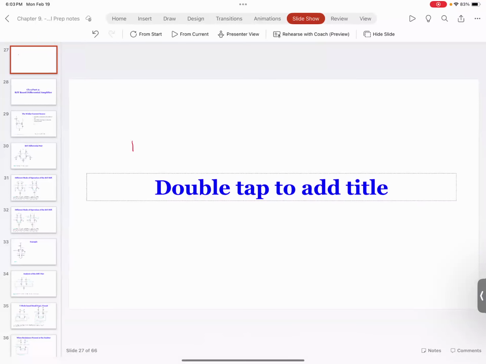Something else crazy. Let me see if I can write it here. Okay, I can write here.